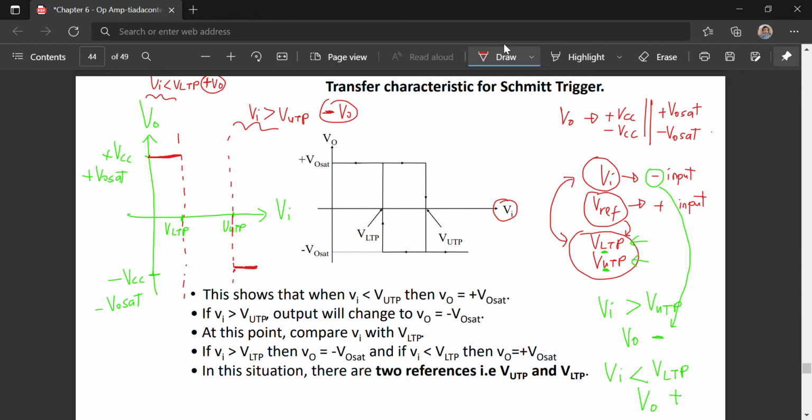So what happened in the middle? Let's see, if VIN is less than VUTP, I'll change color, easy for you to see.